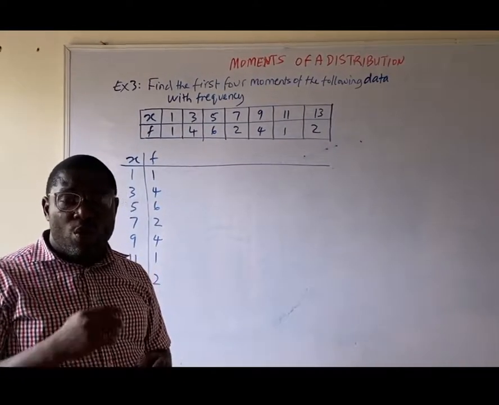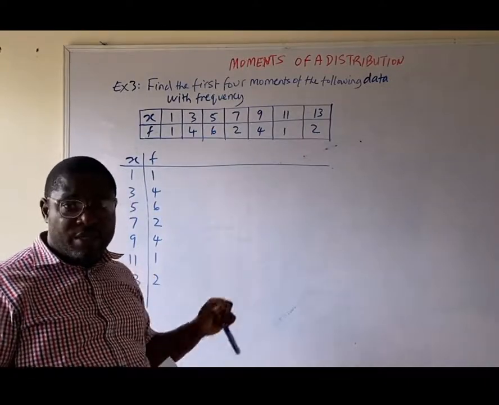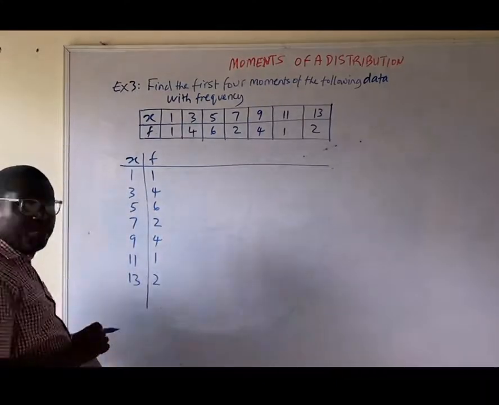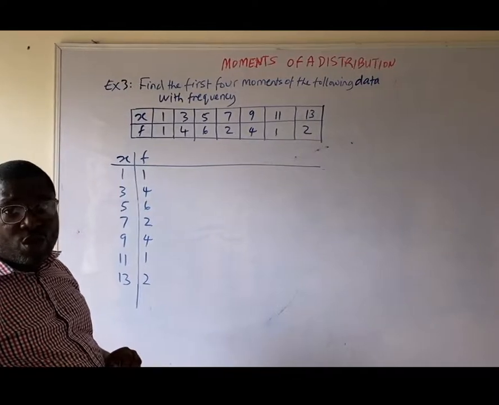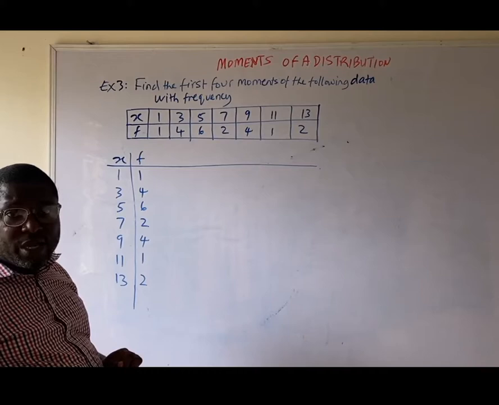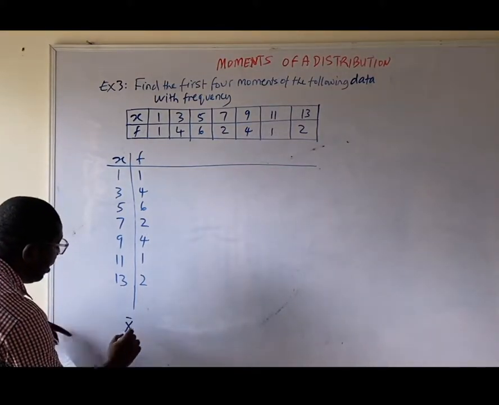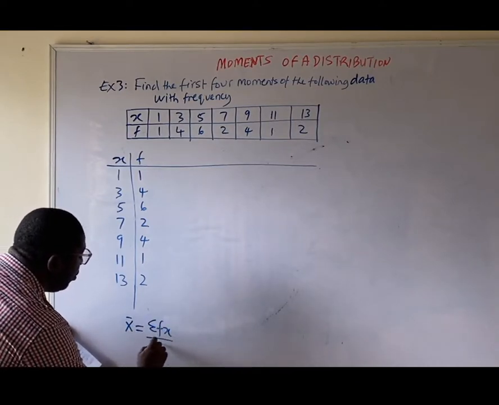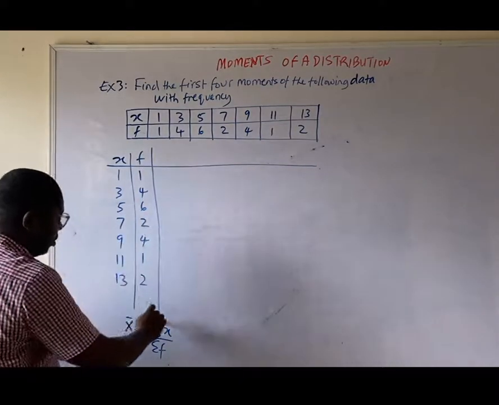From the mean, we will then find the deviation from the mean of the data. To find the mean, we find the summation of the frequency times the data, divided by the summation of the frequency. As you can see, our mean is given as summation fx over summation f.